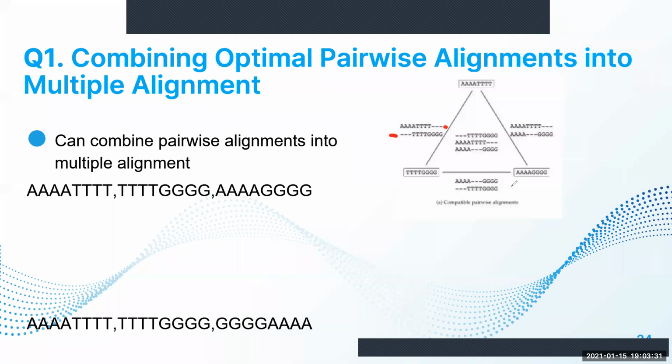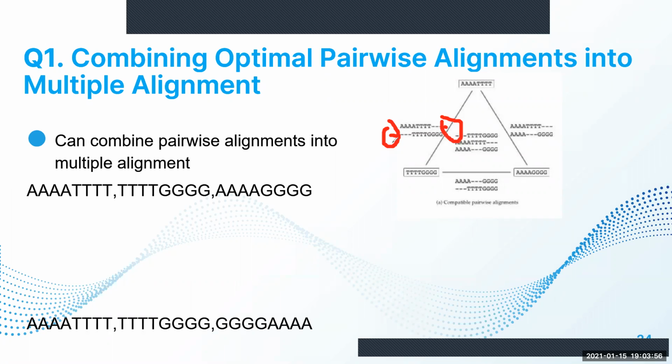That maybe works, but it's based on your scoring method. Here you are introducing one gap, and in here you are introducing one gap. We know that introducing one gap is something we rarely do.